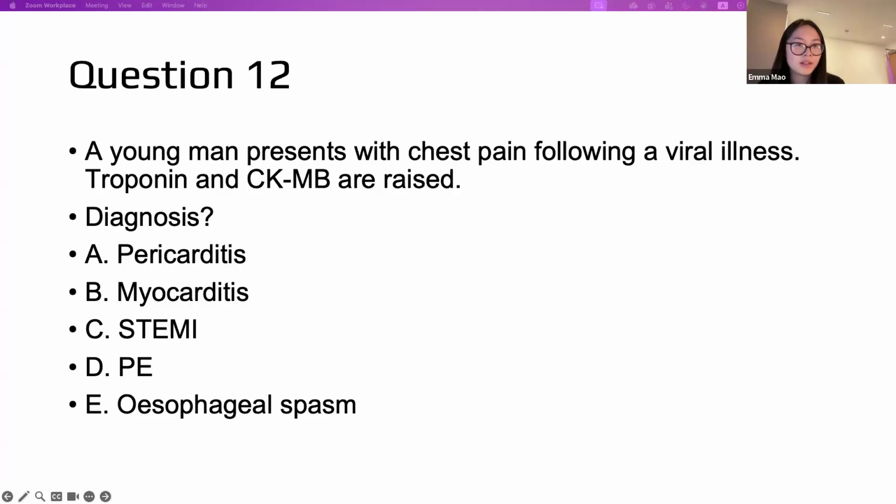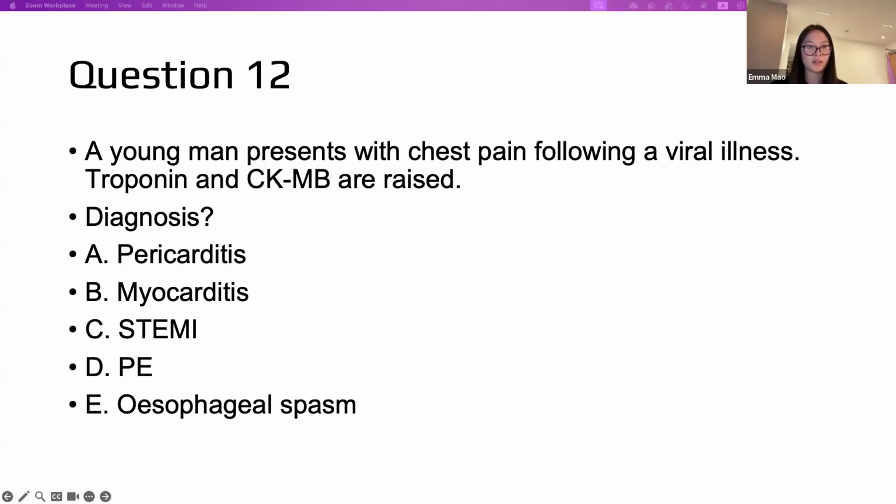So we have a young man and chest pain following a viral illness. And then I think the key thing to note here is that CKMB is raised, and that's often a sign for myocarditis. So yeah, myocarditis, and it's following a viral illness, which is quite common too.